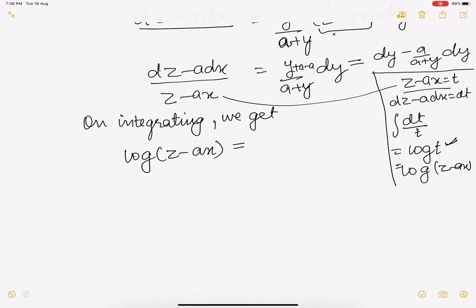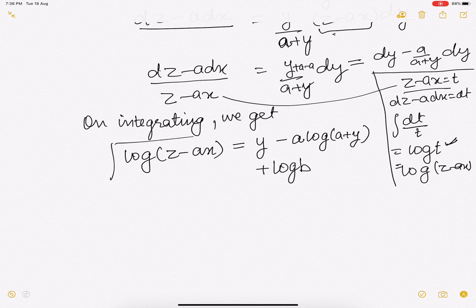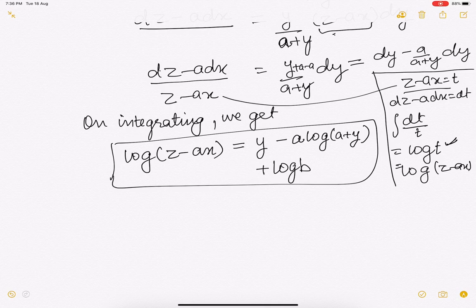On integrating we get y minus a times log of a plus y, plus we write the integrating constant. What are a and b here? A and b are arbitrary constants.